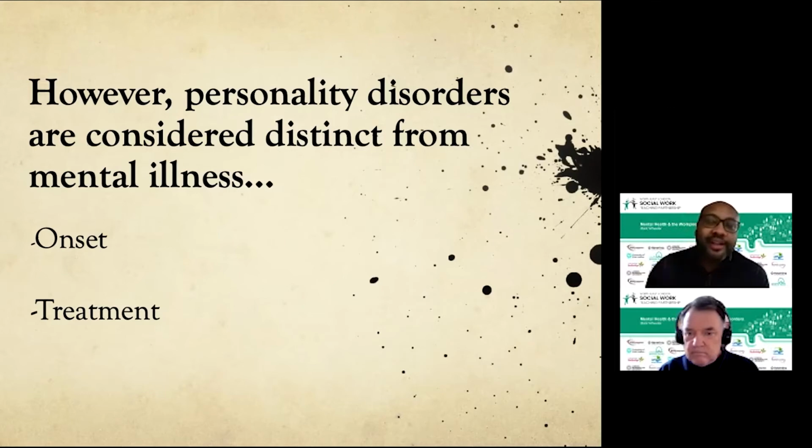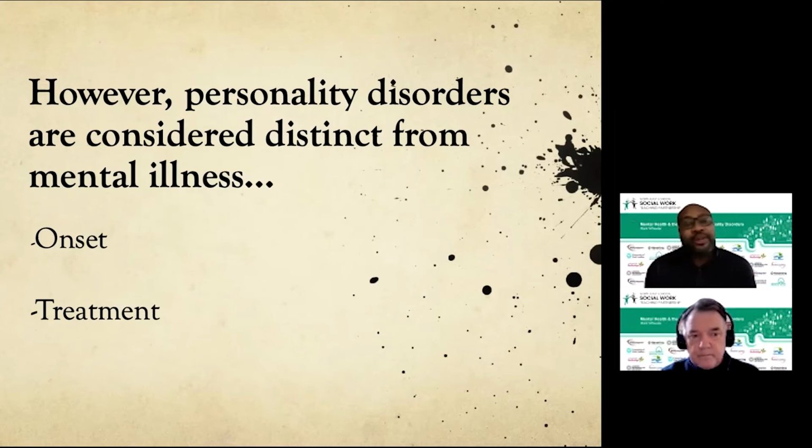You don't develop a personality disorder later on in life. It may be diagnosed later, but it's usually traceable back to early life and childhood, whereas lots of other mental illnesses or psychiatric diagnoses are not necessarily traceable back to your infancy. They might be linked, but not necessarily.